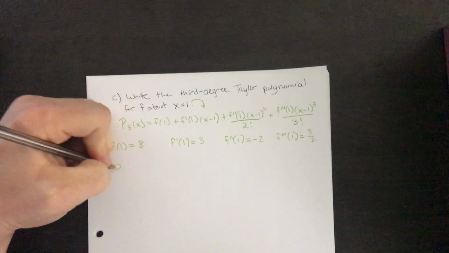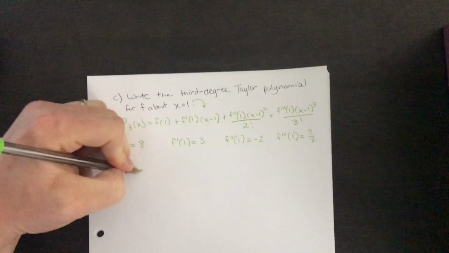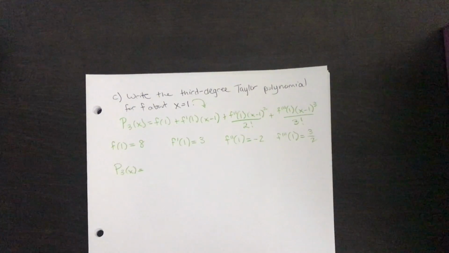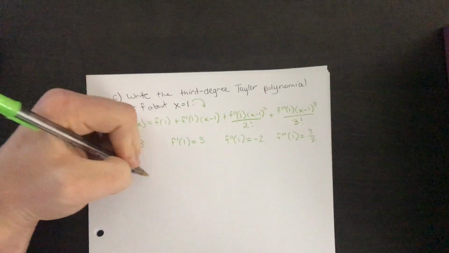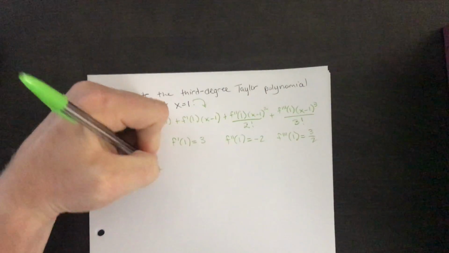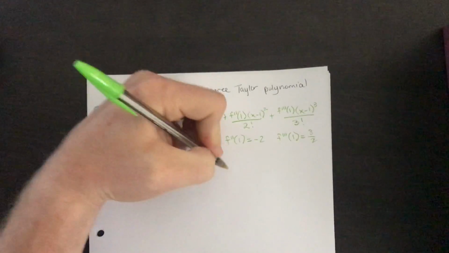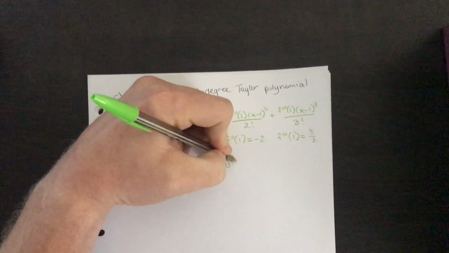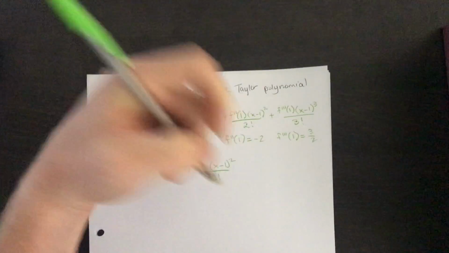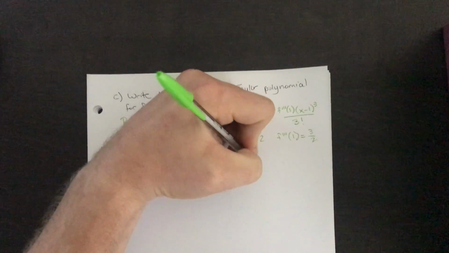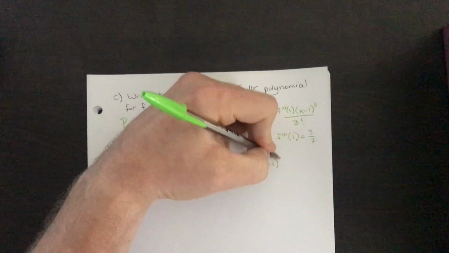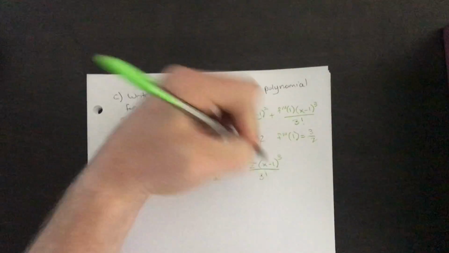So the last step for C is just to plug in all of our pieces. We have 8 plus 3 times x minus 1 minus 2 times x minus 1 squared over 2 factorial plus 3 halves times x minus 1 to the third over 3 factorial.